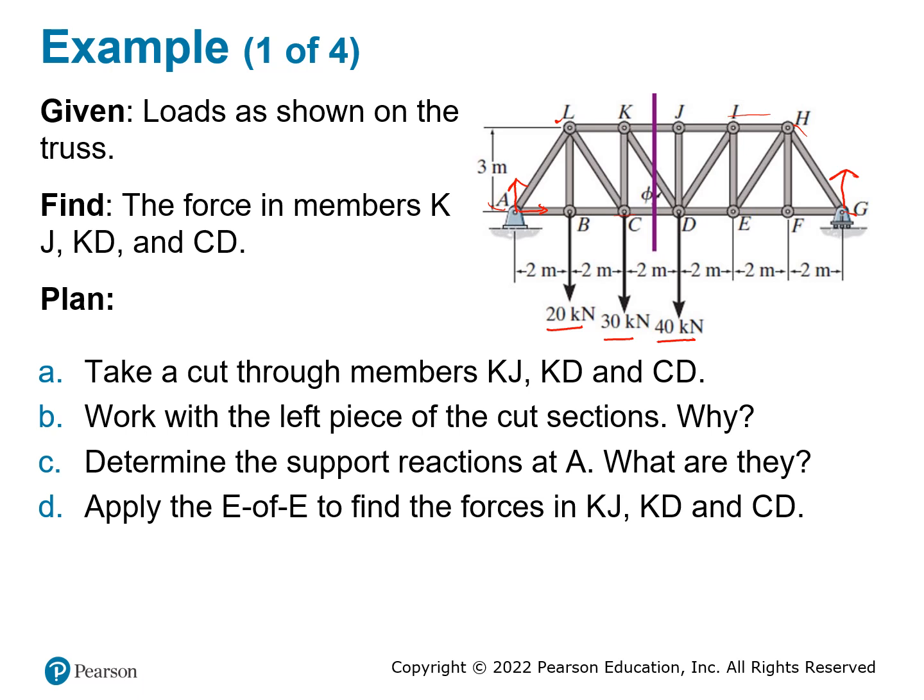Now, the problem asks you to find the force in the members KJ, KD, and CD. So KJ is right here, KD is the one here, and CD is the one here. Since it wants you to find the internal force in the three different members, you will cut through these three so you can use the method of sections to find a solution.